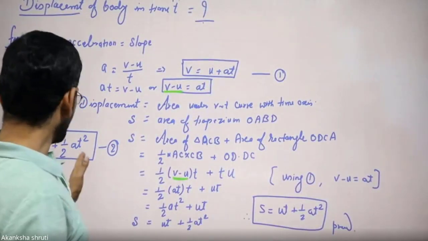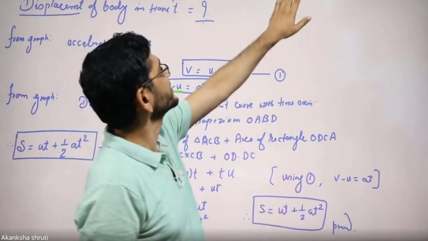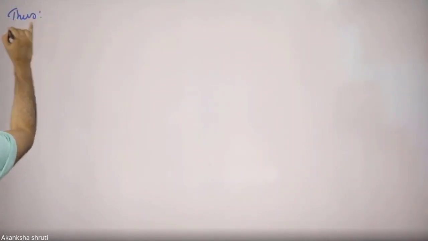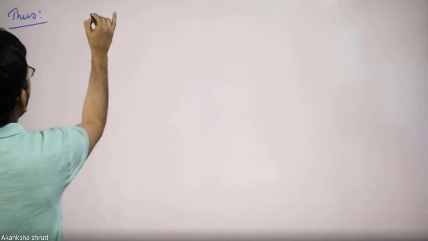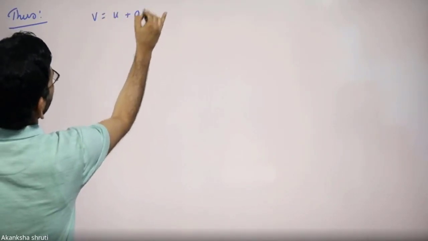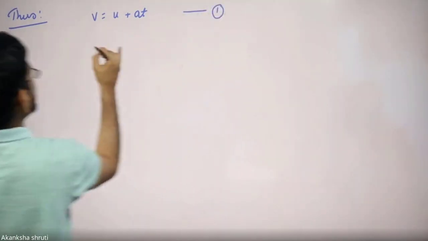The formula for the displacement that we obtained is S equals to UT plus half AT square. So let us write it. Thus, the kinematic equations that we have learned: V is U plus AT is the first kinematic equation that we know.